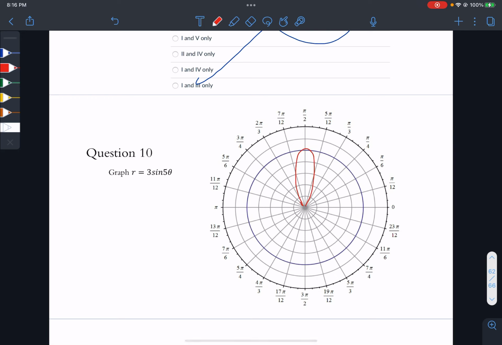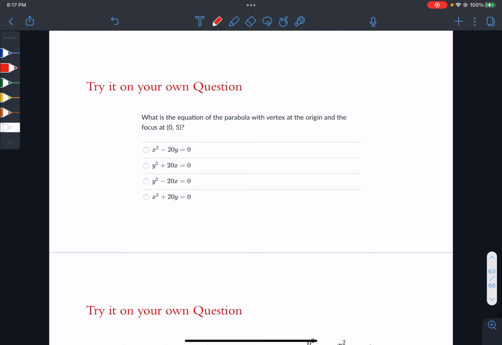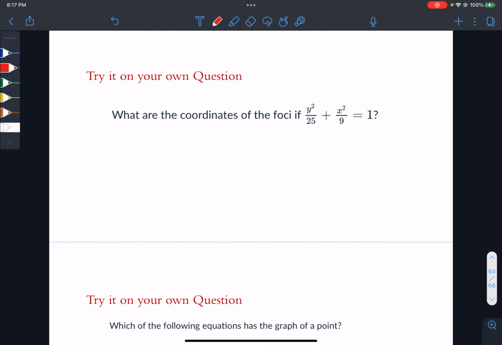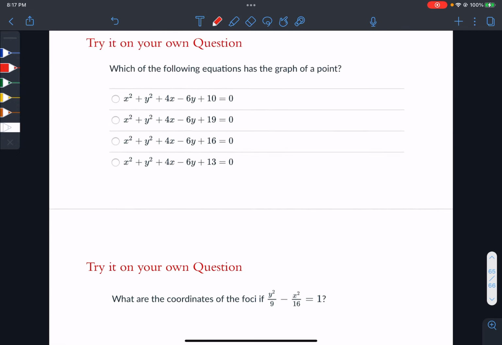So most probably, ganito yung graph niyan. Okay. So it's a 5-petal rose curve. Pero of course, you have to substitute dun sa table natin. Nasa huli pa lang mga to, no?